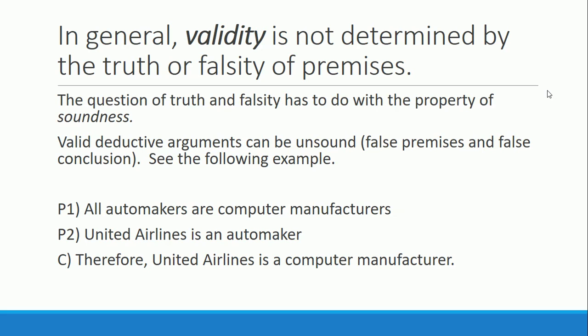So what do we know about this argument? This is a valid argument. The conclusion follows if we assume premise 1 and premise 2 are true. But the problem is premise 1 is false, premise 2 is false, and the conclusion is false.